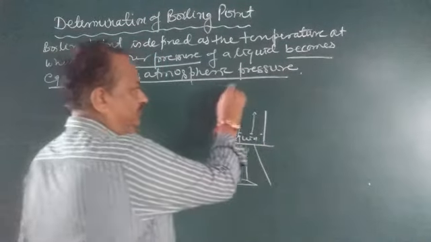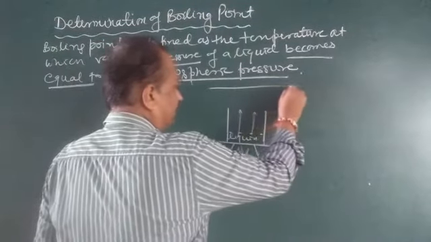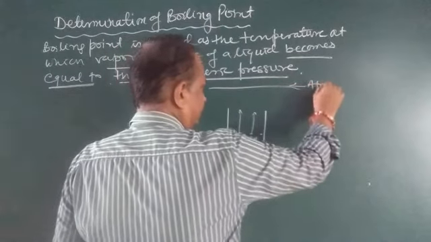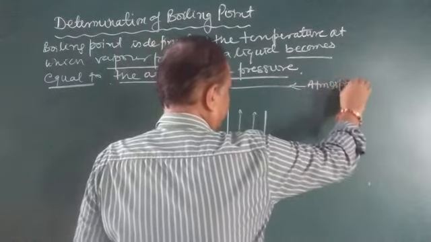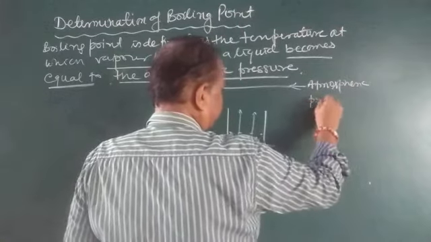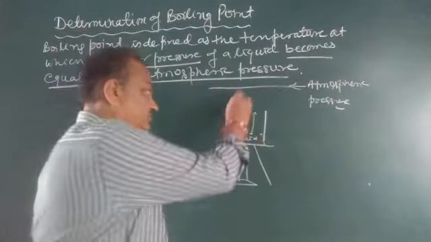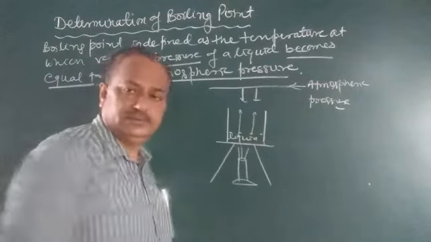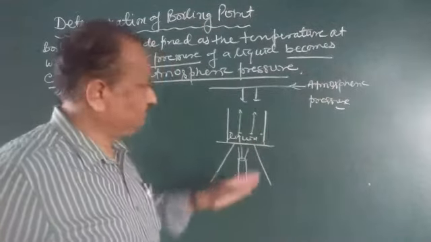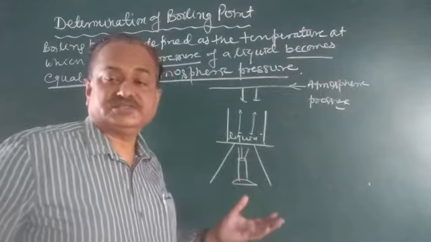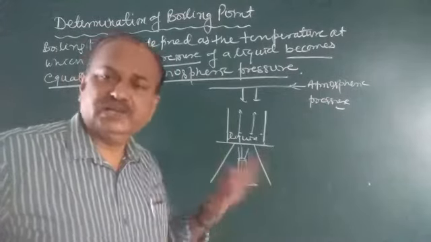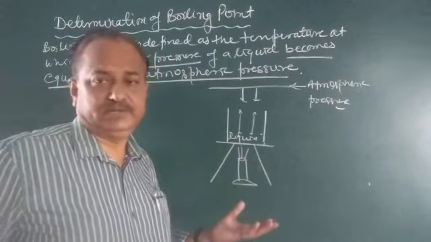And here is the atmospheric pressure. Atmospheric pressure acts downward. So when the two forces are equal, then the liquid starts boiling. So this is a very simple concept.